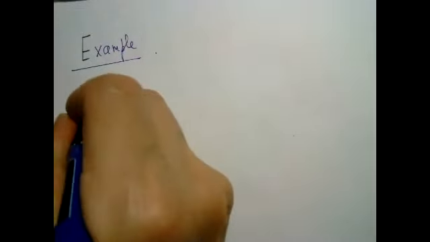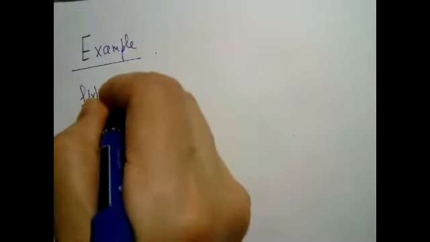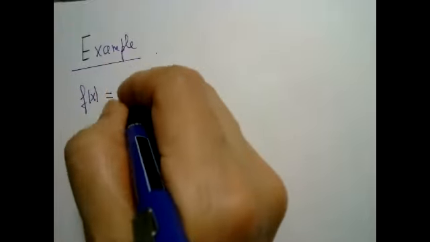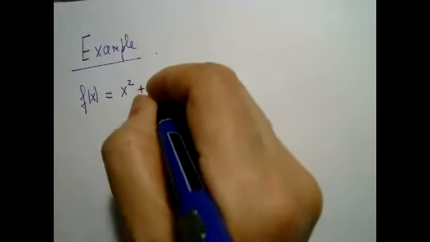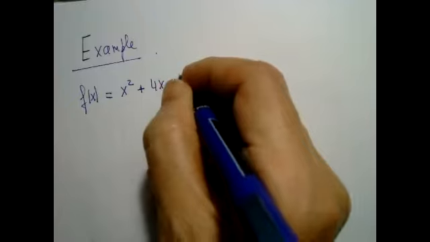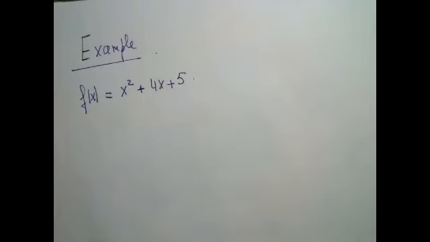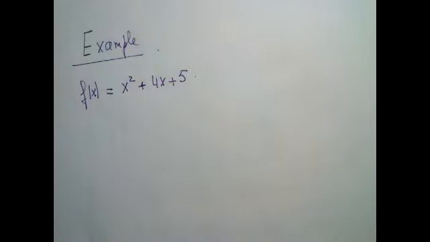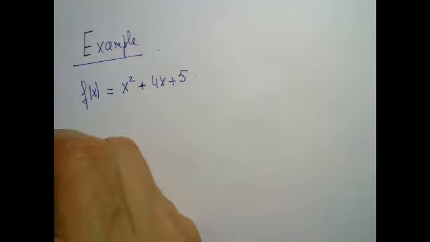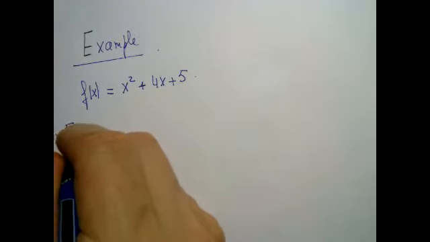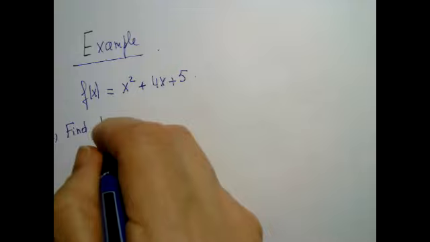So the first simple example, actually they are all simple. I'm going to take the function f of x equals x squared plus 4x plus 5. The first question we want to ask is simple: find the coordinate of the vertex.